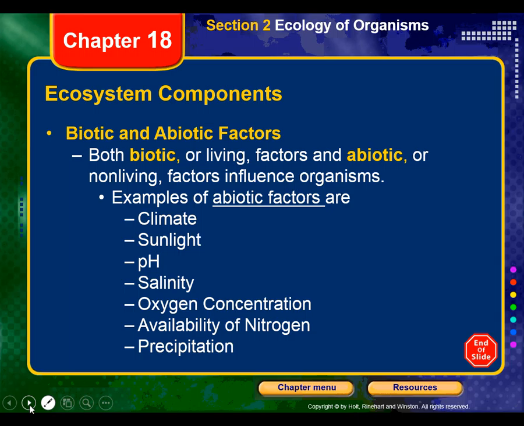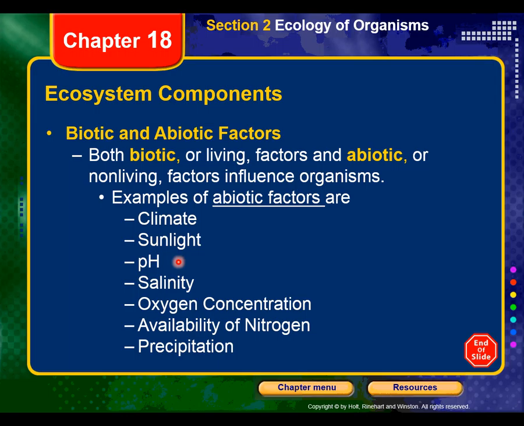Now, both biotic, meaning living, and abiotic, or non-living, factors will influence an organism. Good examples of abiotic factors are things like the climate, sunlight, and pH. So we talk about how much hydroxide is in a particular solution, or how many hydrogen ions are in there.